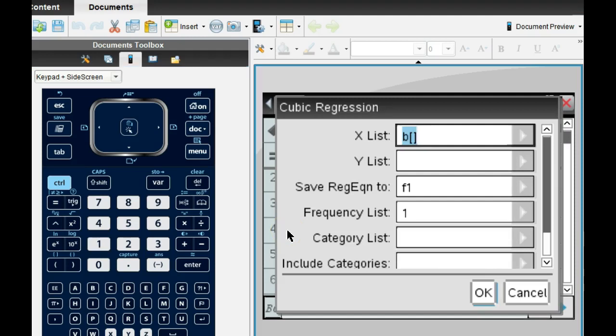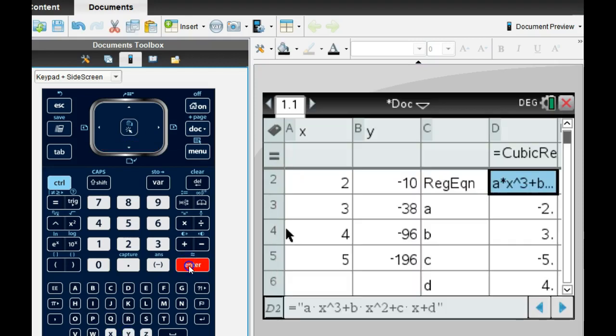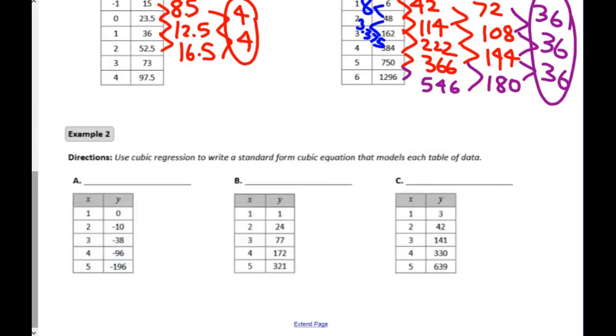Gotta stay awake. So X for X, Y for Y. Hit enter. Now, do you notice how we have A, B, C, and D? At the top of your notes, I told you how you write the equation, right? So we're going to write these numbers down. Negative 2, 3, negative 5, 4. That's my A, my B, my C, and letter D. Now, I'm going to write that as an equation.